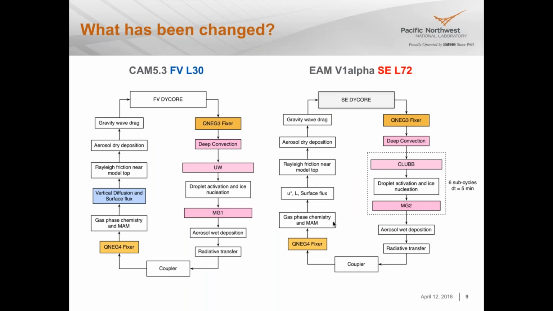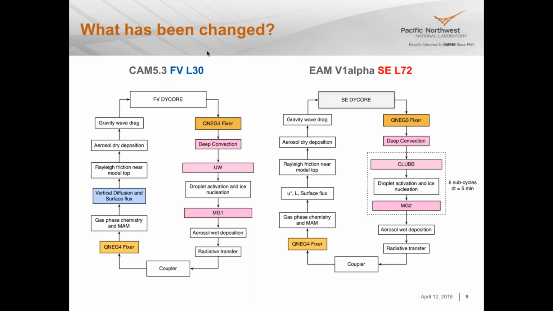Here I show a schematic plot of the CAM 5.3 model and the EAM V1 alpha model. So we can see what has been changed in our model compared to CAM 5.3. First, the dycore has been changed from the finite volume dycore to the spectral element dycore. This also involves a physics-dynamics coupling change in the model.